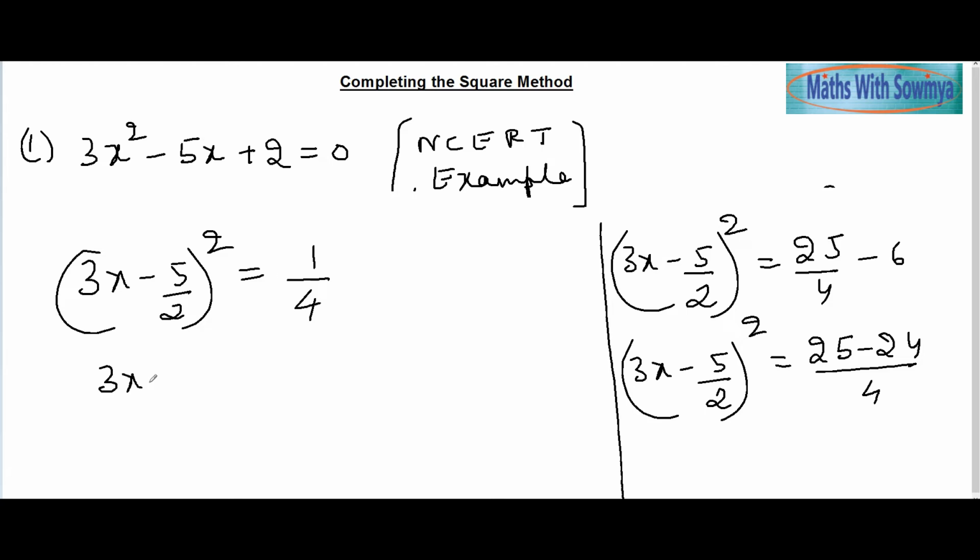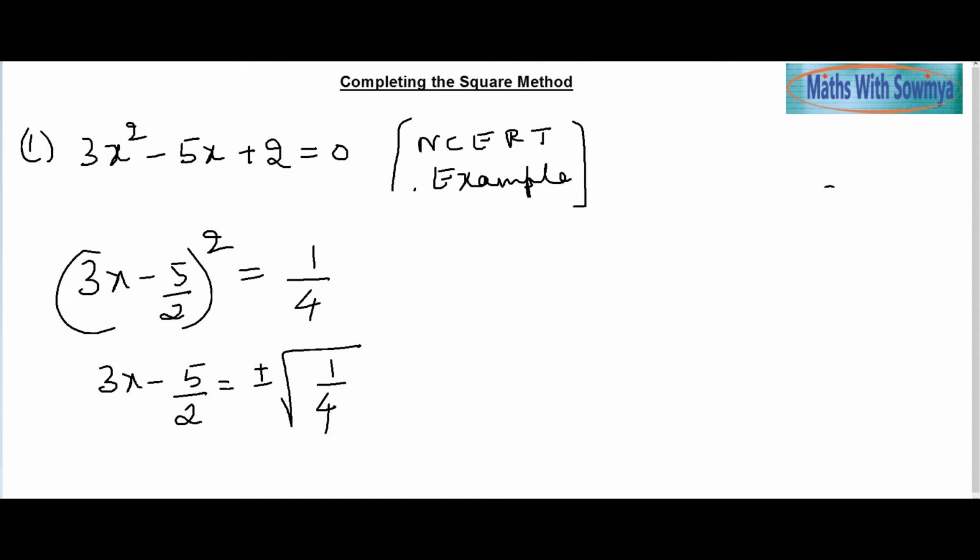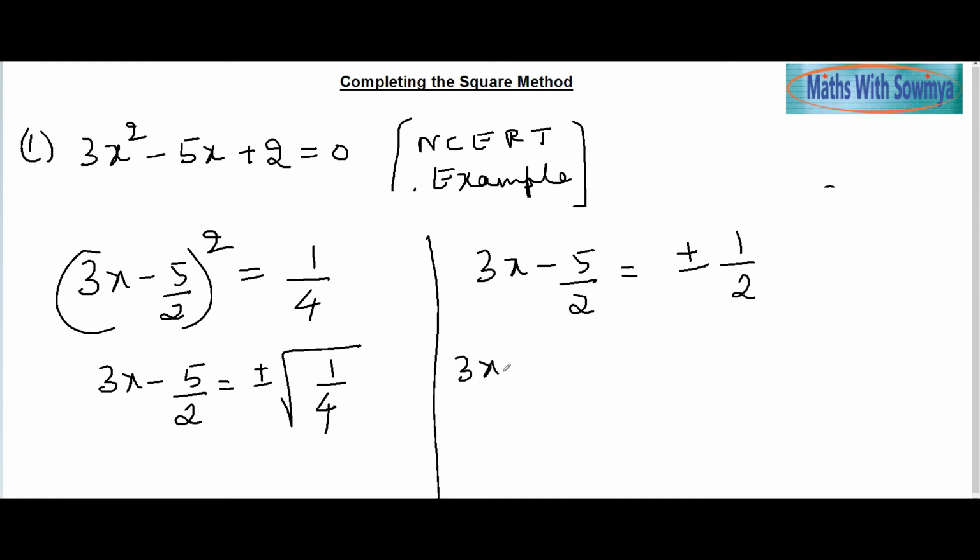Rather, 3x minus 5 by 2 is equal to plus or minus, because square root will give you plus or minus, and the quadratic we will have to get 2 roots here. So now this can be written as 3x minus 5 by 2 is equal to plus or minus 1 by 2. That means 3x minus 5 by 2 is plus half, or 3x minus 5 by 2 will be minus half.